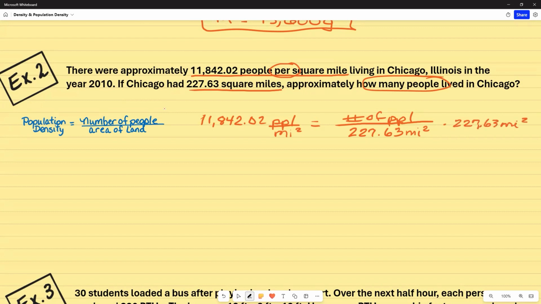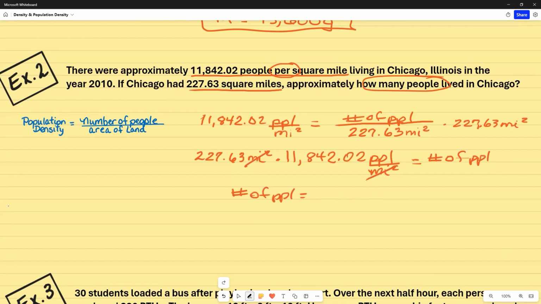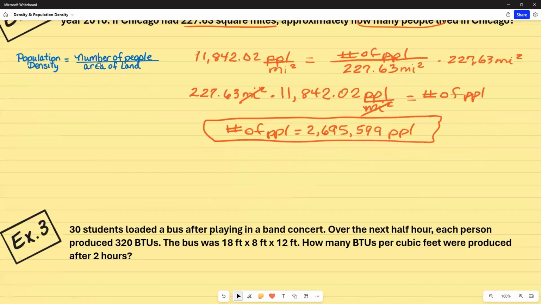What you do to one side, you have to do to the other. That's going to give us the number of people. What I notice is I can go ahead and get rid of the square miles. Multiplying this out, this is going to be approximately 2,695,599 people.